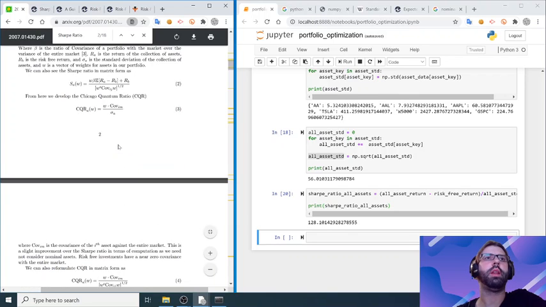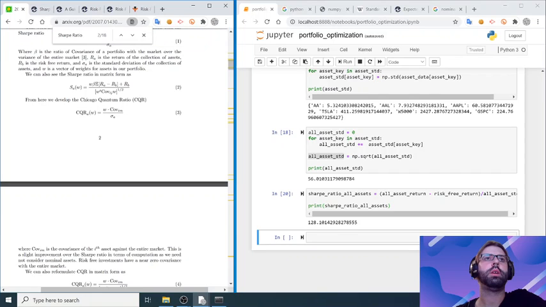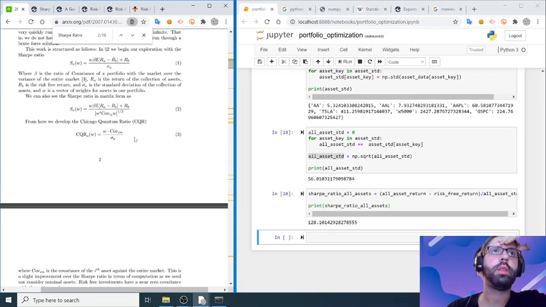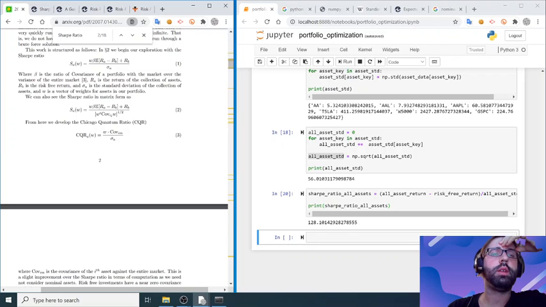But again, I guess what they mean is that you take the covariance of each asset, the standard deviation of each asset, and you multiply these, so you get a ratio for each asset.